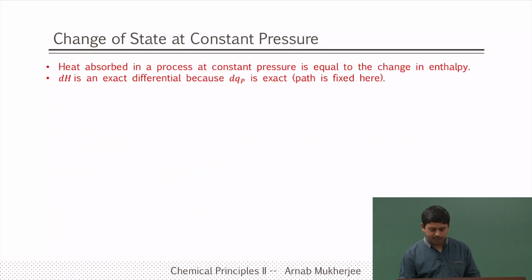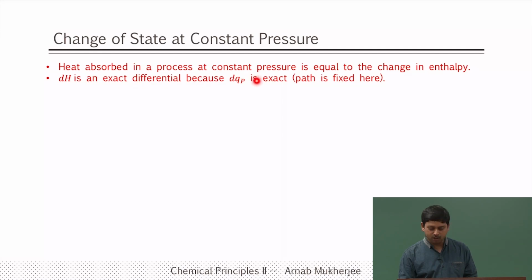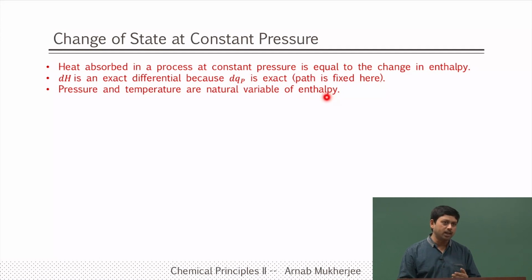Yeah. So, we have said that heat absorbed in a process at a constant pressure is equal to the change in enthalpy. dH is an exact differential because dQp is exact, we have discussed that. Pressure and temperature are natural variables of enthalpy, just to tell you that we are going to use that later on.